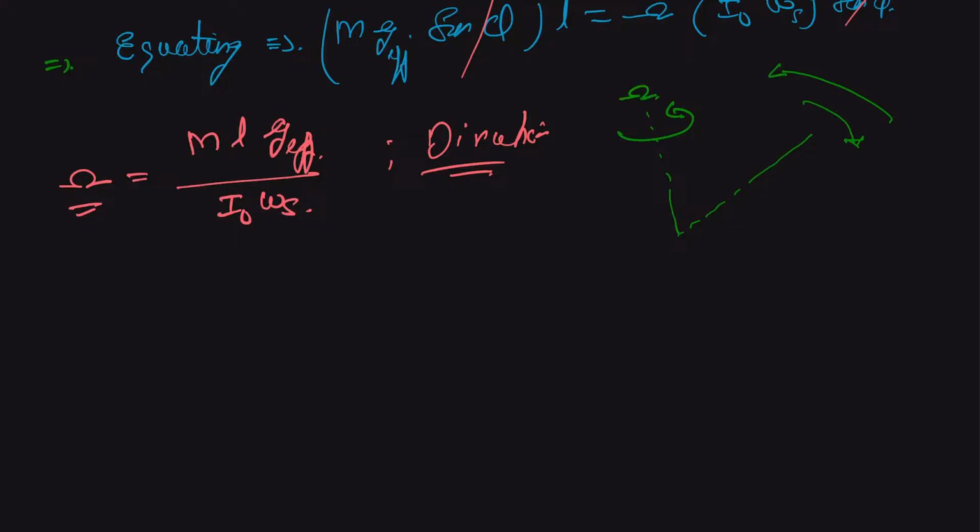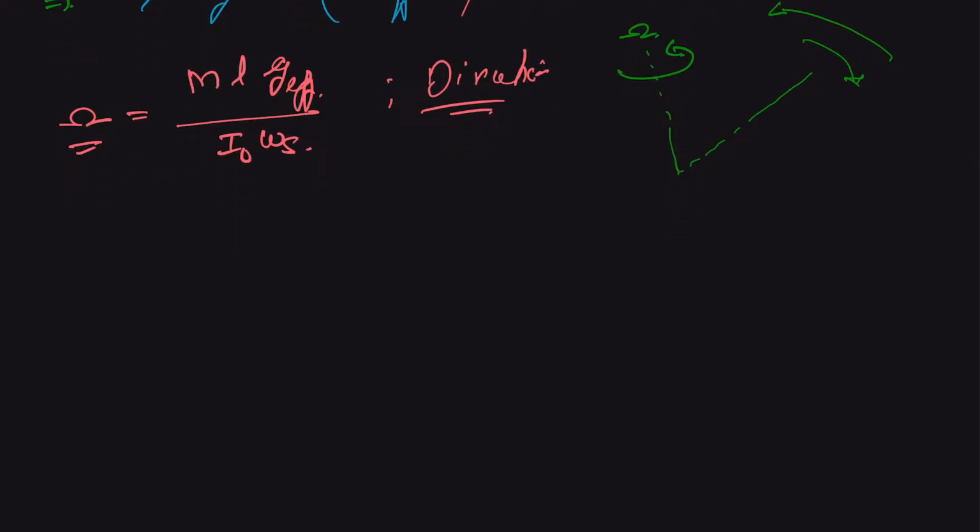So this is our direction of omega. So this was our first part, and in the second part, in part A it says that the elevator is at rest. So we have our elevator is at rest.